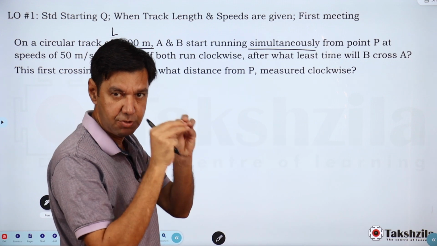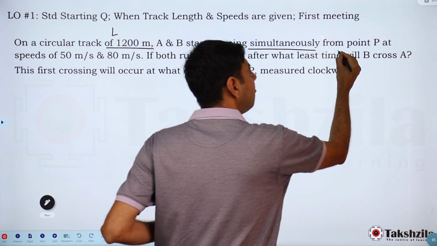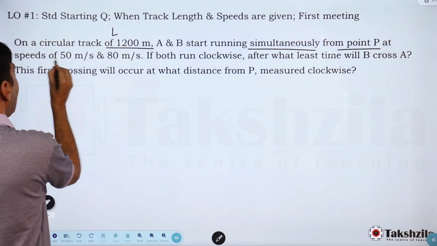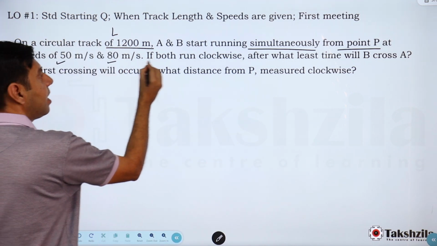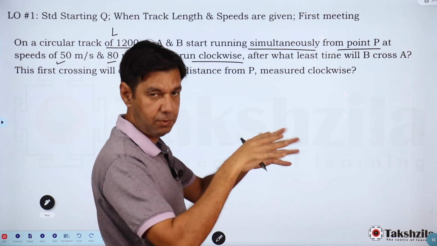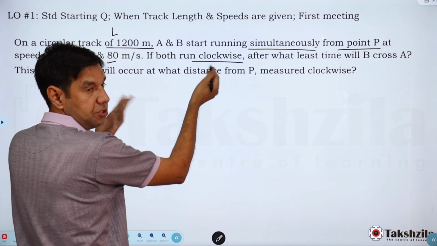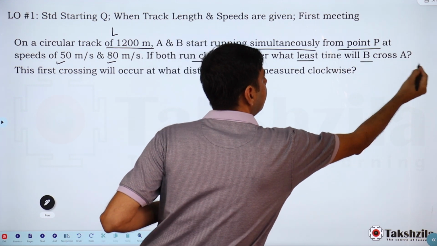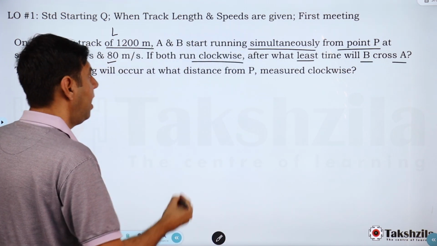The standard situation is they start together and from the same point. So you just need to cursorily observe these things and their speeds are given, right? Now, if both run clockwise, so also observe which direction they are running, same or opposite, that is important. Here both are the same. Then what is the least time after which B will cross A, right?